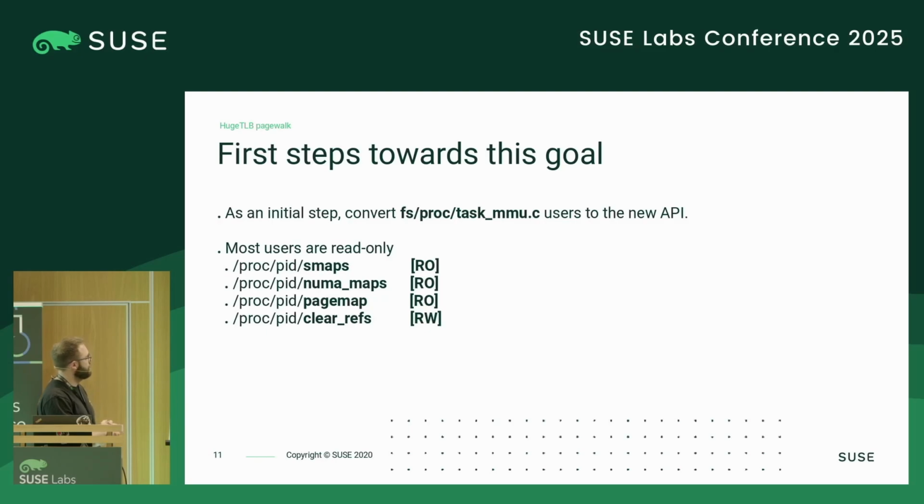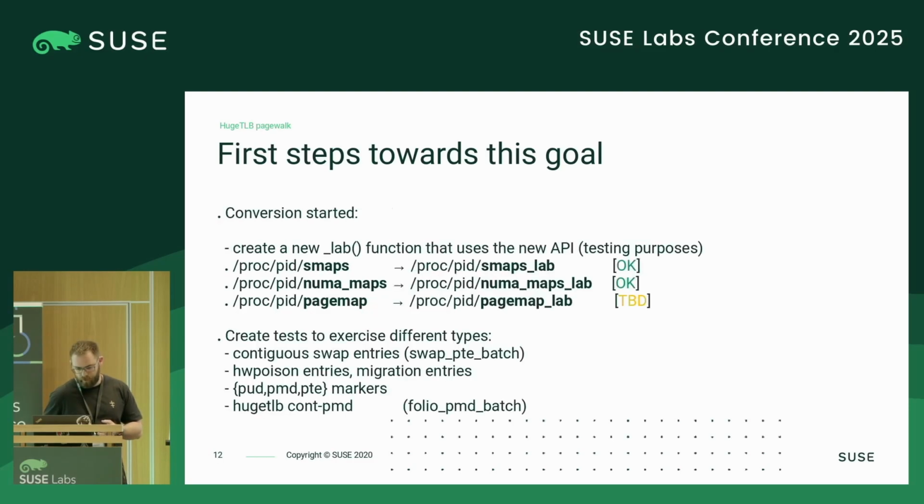And then there is a fourth user, clear_refs, which tries to clear soft-dirty bits and some other bits, that is yet to be thought through how it can be done. But it was agreed that we will start here, and once this was merged, we could figure out how to extend that to some other users.